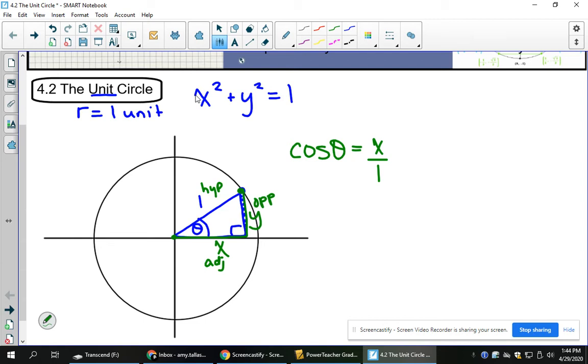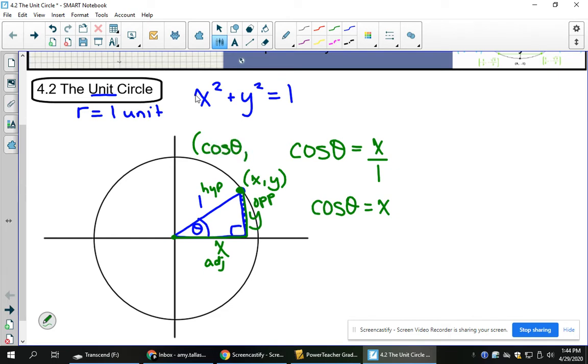Now we don't really need to write the 1 in the bottom. So we've just discovered that cosine theta is the x coordinate. Remember that we're talking about this point here. This is the point x comma y. That's how we plot it. But we just figured out that x is actually cosine.